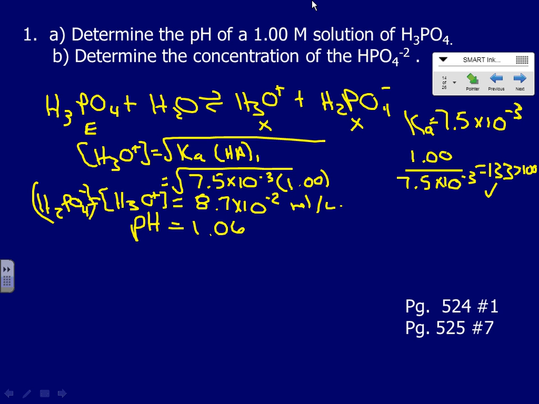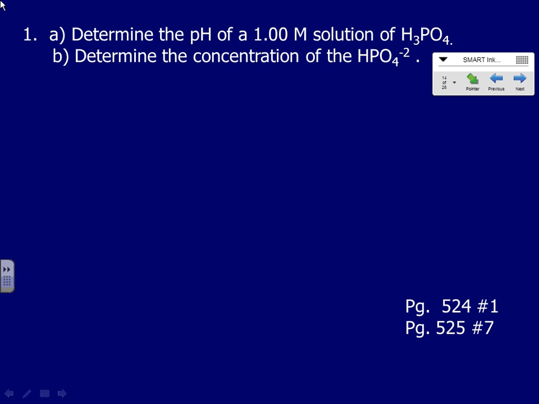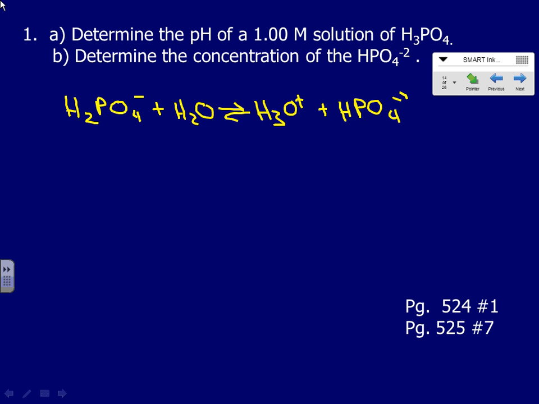Okay? Because when we look at the next part of this question, and I'm going to just clear the ink, we have to actually look at the second ionization. H2PO4 minus reacting with the water to produce H3O plus and HPO4 2 minus.